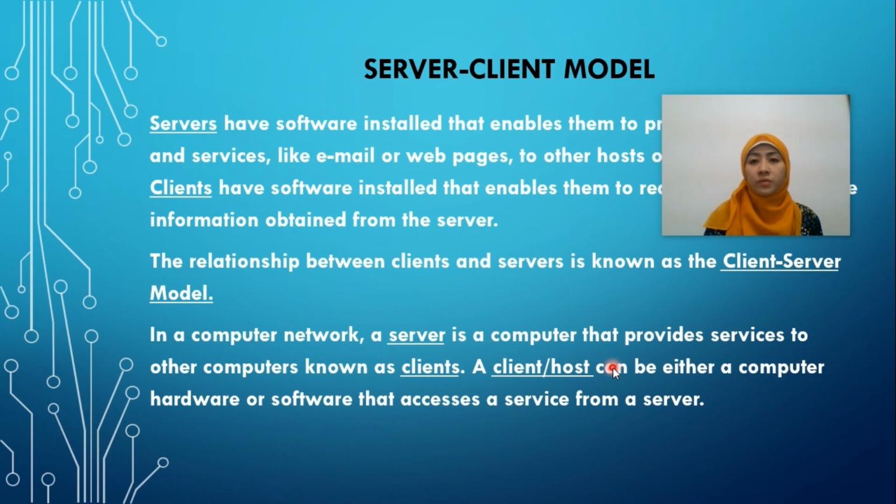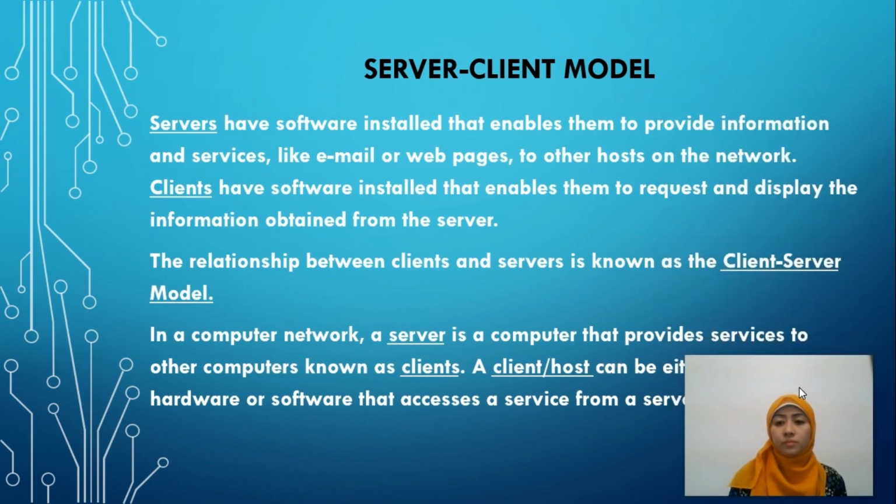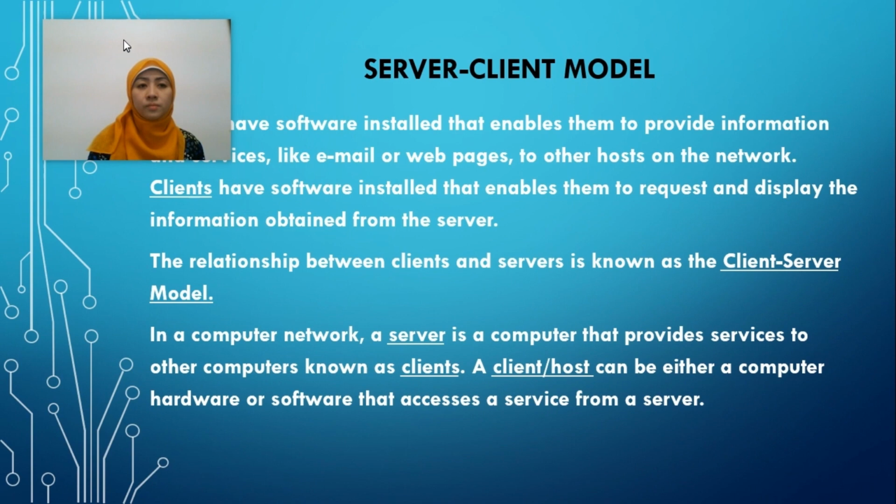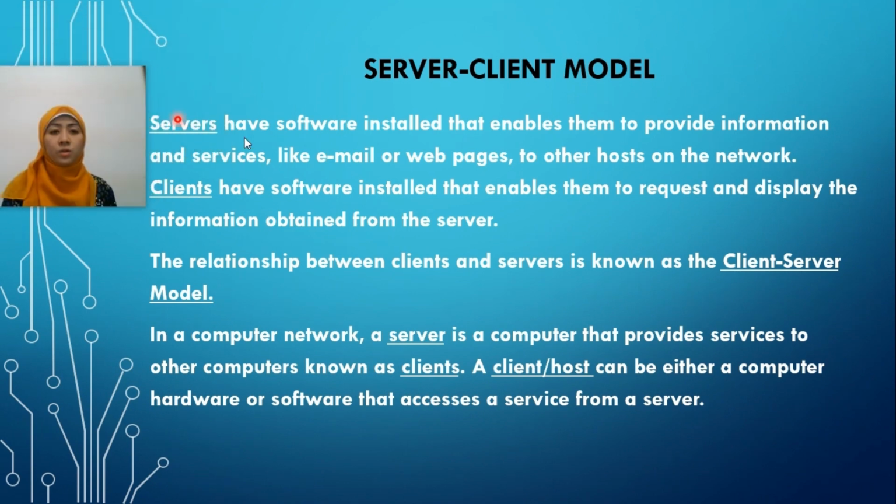So we'll go to the next topic, which is the server client model. Servers have software installed that enables them to provide information and services, like email or web pages, to other hosts on the network. Clients have software installed that enables them to request and display the information obtained from the server. The relationship between clients and servers is known as the client server model.